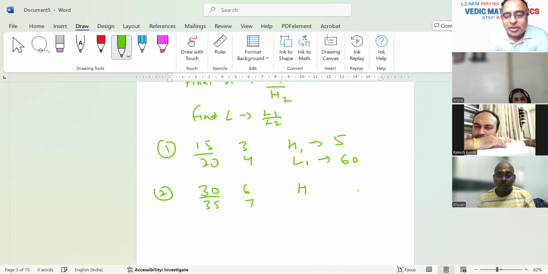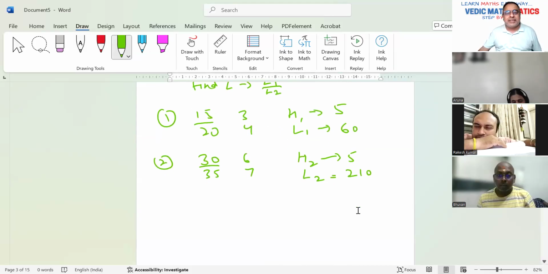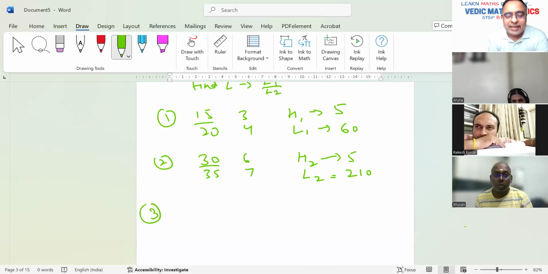So H2 is again 5, L2 is equal to 210. Right? Up till here, no doubts. Now final H is 5 by 5, so this is 1 by 1. So this is 5 only.